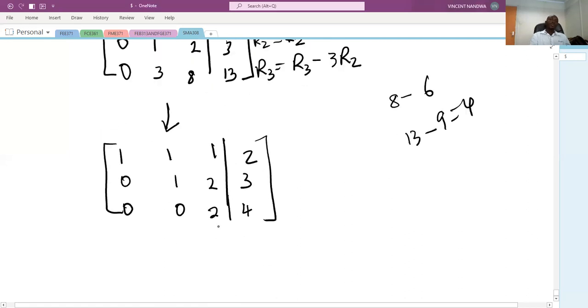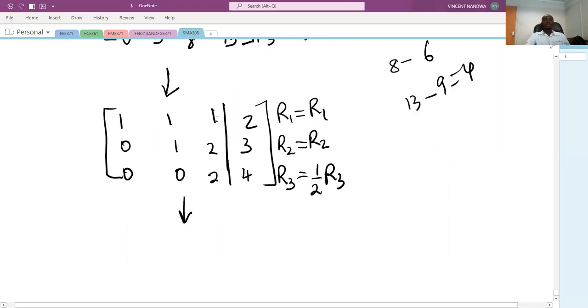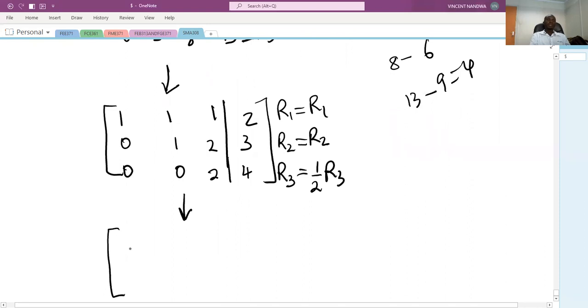And then to get 1 here, you simply multiply this row by a half. So I say row 1 to be row 1, row 2 to be row 2, row 3 to be a half row 3. That will take me to the matrix 1, 1, 1, 2, 0, 1, 2, 3, 0, 0, this will be 1, this will be 2.